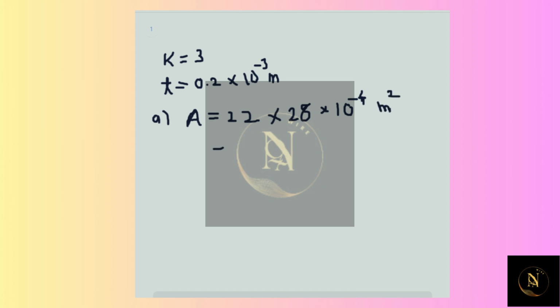This area comes out to be around 616 times 10 raised to negative 4 meters squared. So this is the area of the aluminum foil.